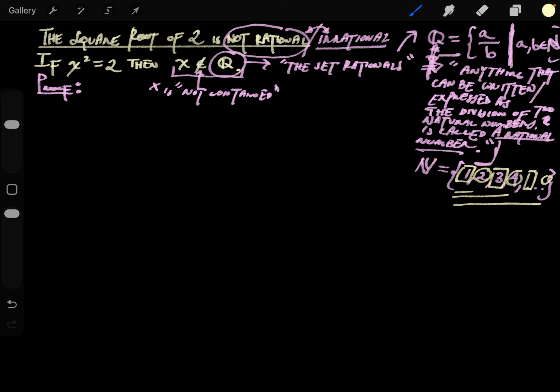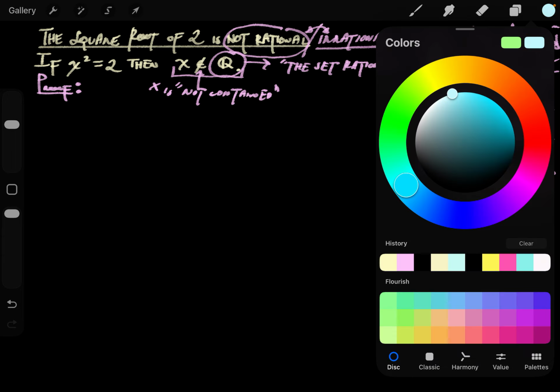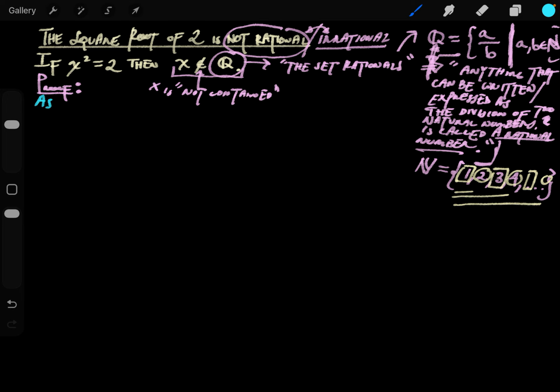So to prove this, we're going to assume otherwise. Assume that there does exist some x contained in the rationals with x squared equaling 2.